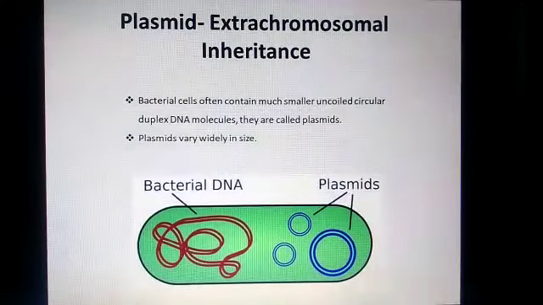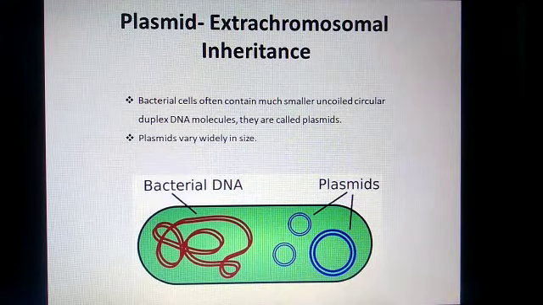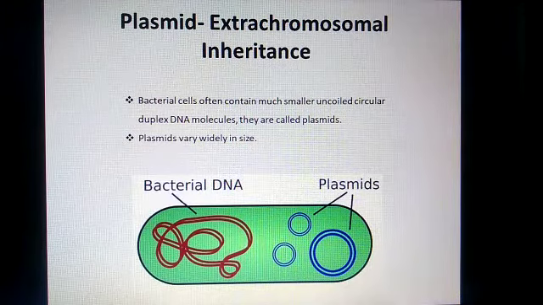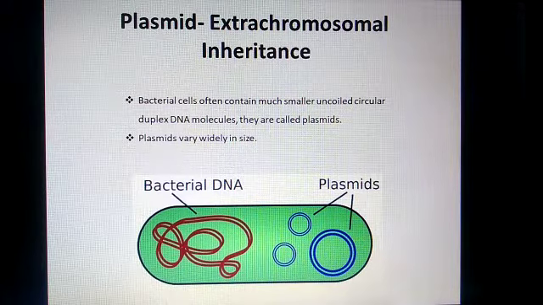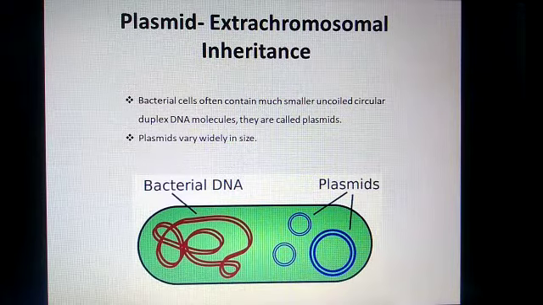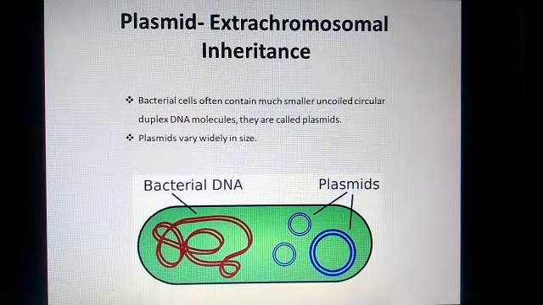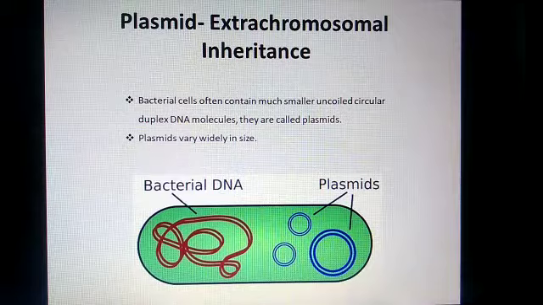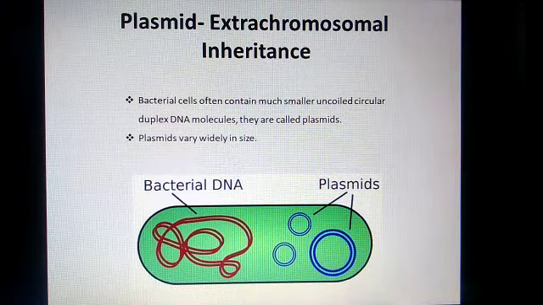In addition to the single large circular chromosome, a bacterial cell often contains much smaller uncoiled circular duplex DNA molecules, which are called plasmids. These DNA molecules are found in essentially all types of bacteria and play a significant role in bacterial adaptation as well as in evolution.